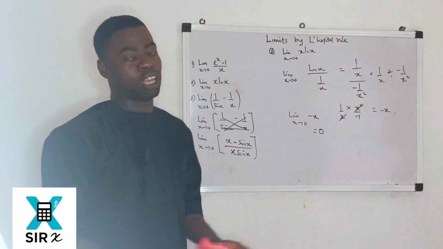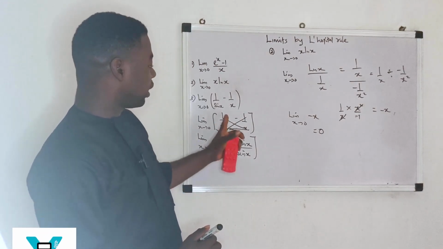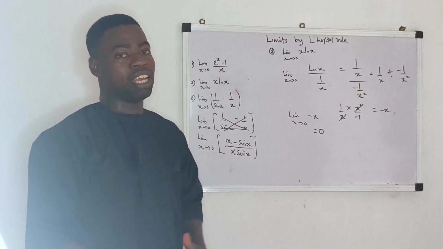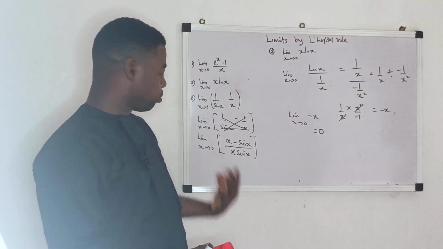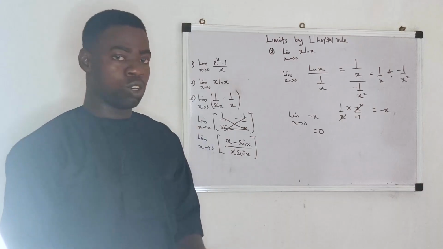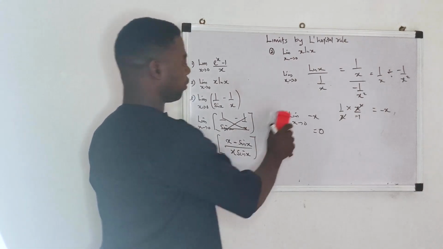What I did there is called the butterfly method of resolving fractions. So if I simplify, what I have is x minus sine x divided by x sine x. Even at this point, if you substitute 0, you're going to get an indeterminate form of 0 over 0. That's why we have to use the L'Hopital rule. Let's go.